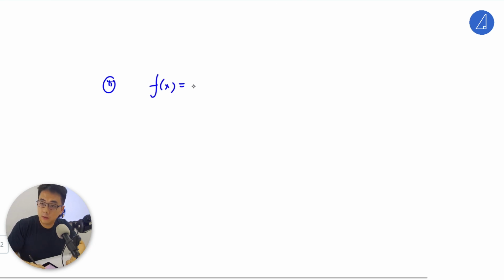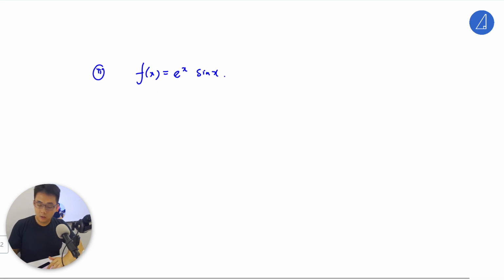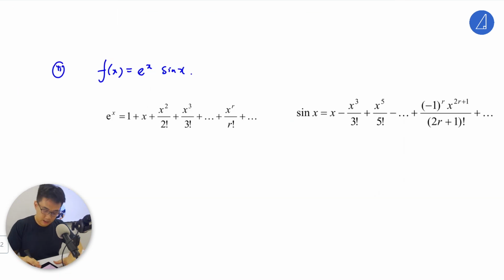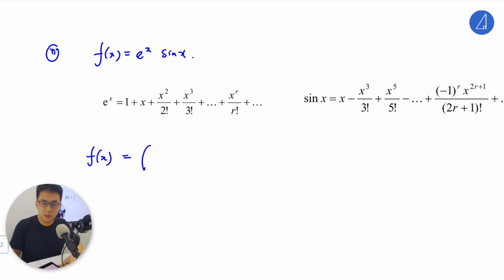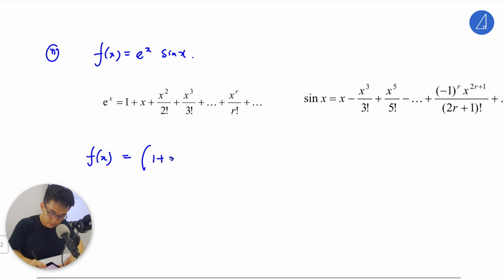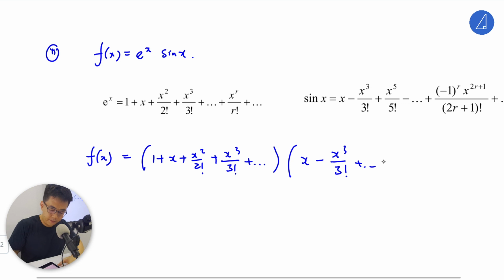f(x) is equal to e^x sin x. You need all the way to x cubed. So go from MF26. You need all the way to x, including the term x cubed. 3 factorial.